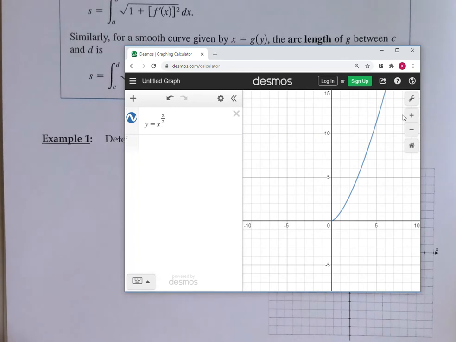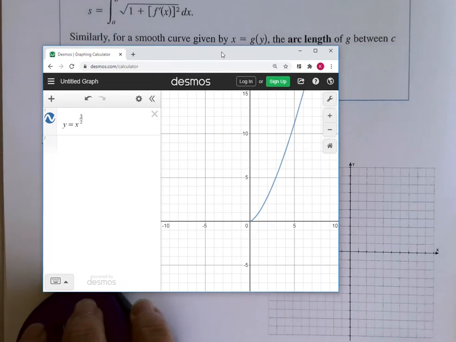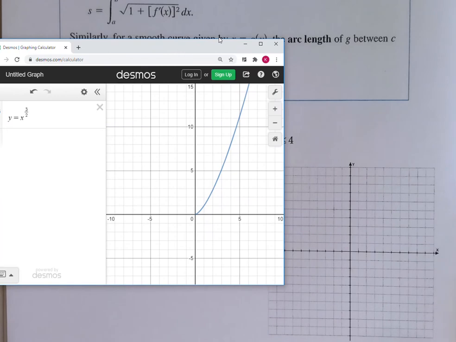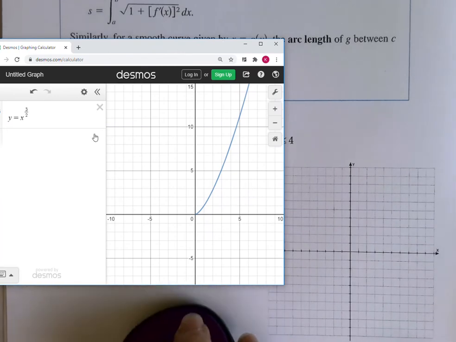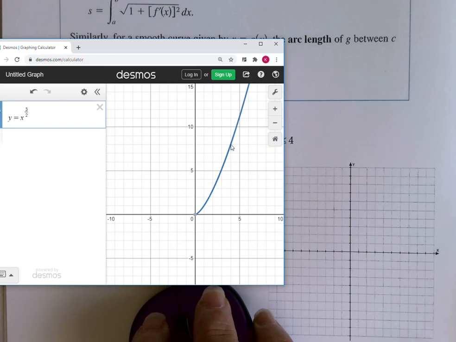At 4 we're at 8 it looks like, and that would make sense. 4 to the 3/2 is 8.